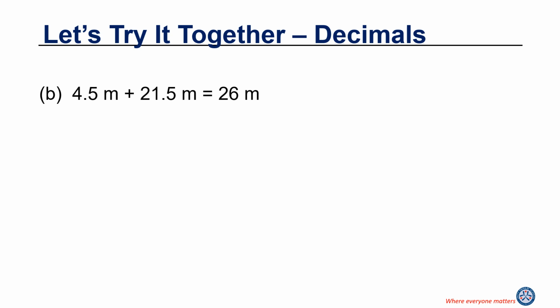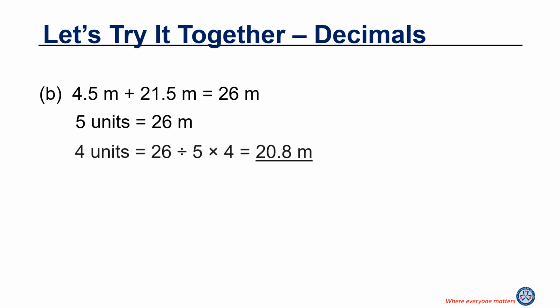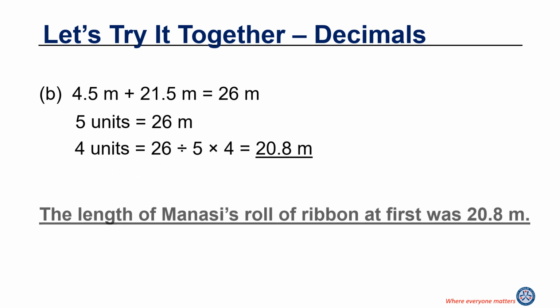Since the length of Lindy's roll of ribbon to the length of Manasi's roll of ribbon remained 5:4, the length of Lindy's roll of ribbon would represent 5 units, and the length of Manasi's roll of ribbon would represent 4 units. This worked out to 20.8 meters. Did you get that?